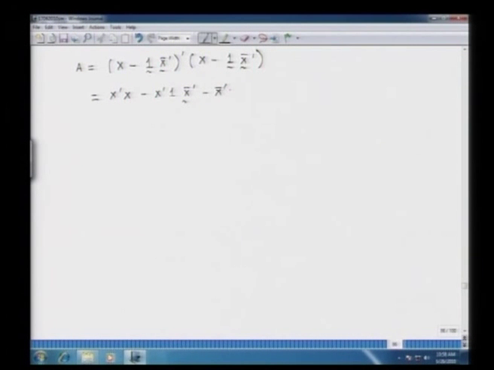Sorry, this is just x bar because we have got this as x bar. So, we will have x bar 1 transpose this x, and then with a plus sign we will have this x bar 1 transpose 1 x bar.